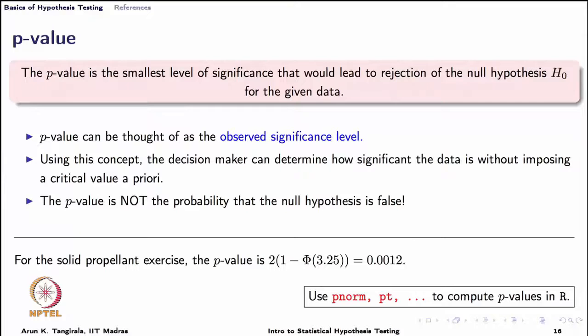What is the use of that? Well, that tells me how extreme the value that I have obtained is. If we look at this example that we just had, we said the value is 0.0012. That means there is a 0.12% probability of obtaining a value more extreme than this.